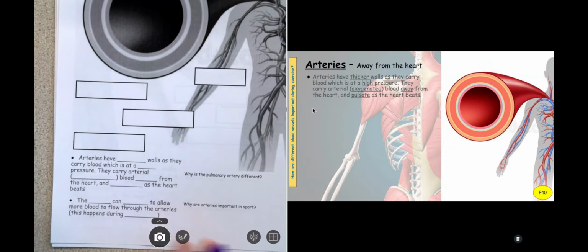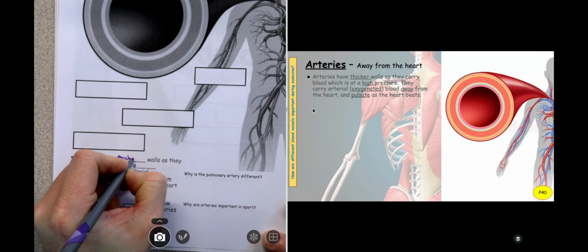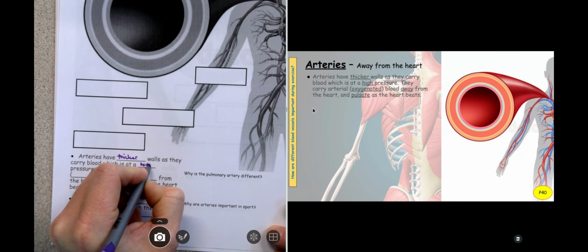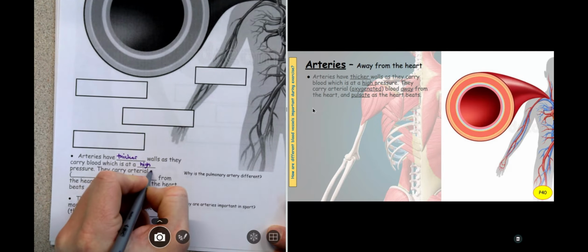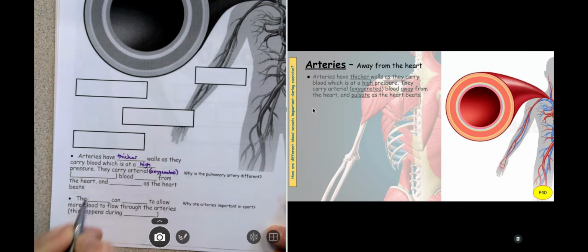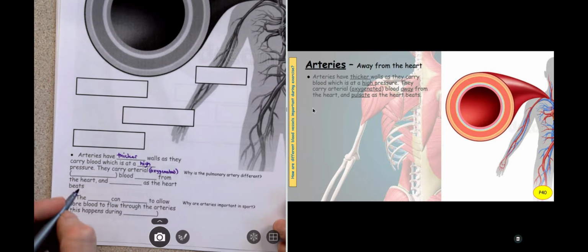This is just filling out the bottom. Arteries have thicker walls as they carry blood which is at high pressure. They carry arterial or oxygenated blood away from the heart, and they pulsate as the heart beats.